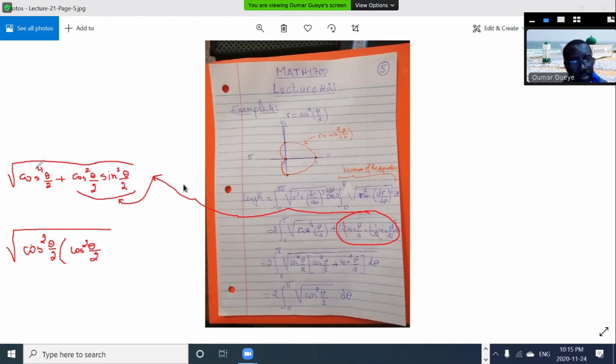When you put it back, it becomes cosine to the power 4. And here, second term, when you take out the cosine square, it remains the sine square. So we'll get here plus sine square of theta over 2.